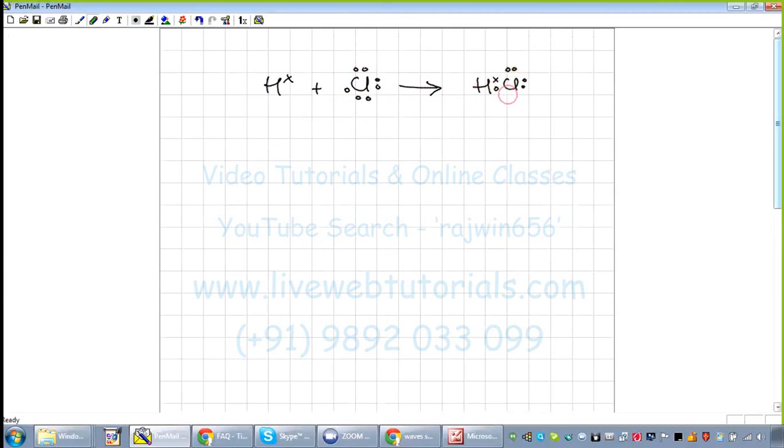In this way, hydrogen has its duplet state and chlorine is completing its octet state. Okay, this was the polar covalent molecule of hydrogen chloride gas, that is HCl gas. This HCl gas, when it is dissolved in water, becomes hydrochloric acid. So this was HCl.